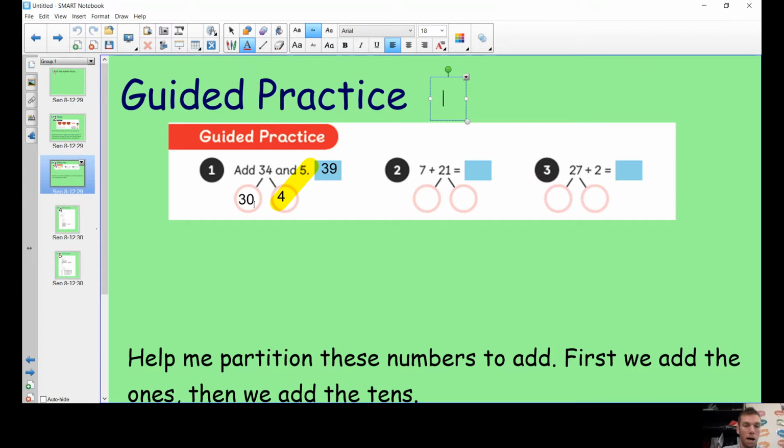So this is how I'm using my partitioning, by using these part-whole models to help me split up my 1s and 10s separately. So I'm going to look over here. Now this time I've got 7 and 21. Well, I know 7 and 1 equals 8. And then I've got 20.